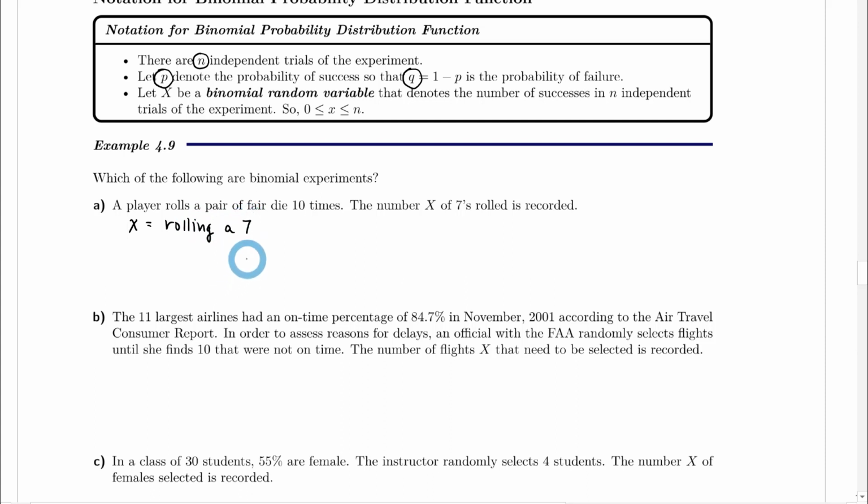So let's go through the conditions. The first condition would be a fixed number of trials. It looks like I'm only rolling the dice 10 times, so n is equal to 10. So the first criterion is met. And the second criterion is whether the trials are independent.